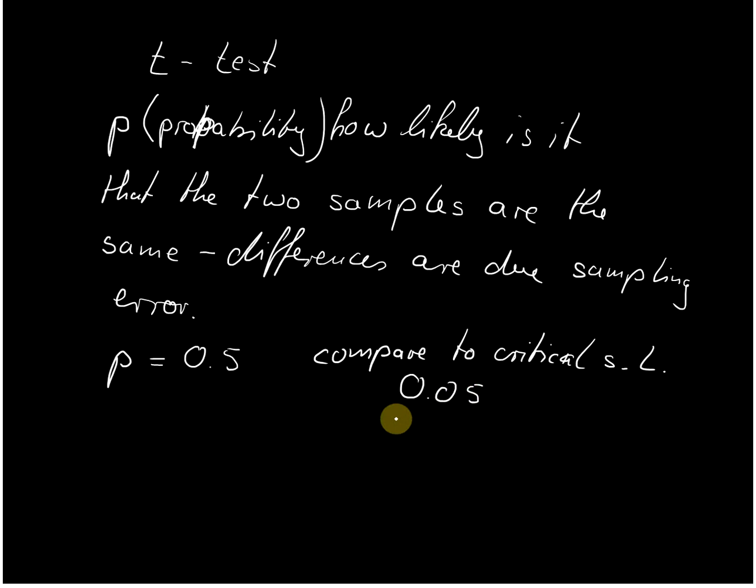So if a probability is larger than our critical significance level, we would say yes, the samples are from the same population.